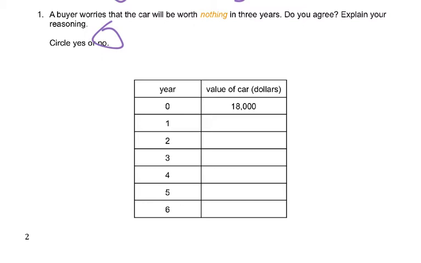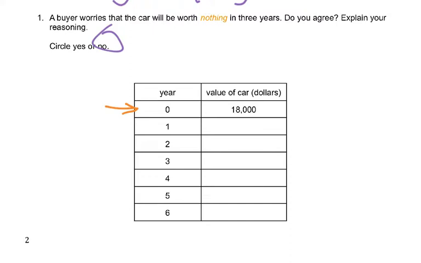Remember what I said. We started with $18,000. This is in year 0. This is when I bought the car. How much is remaining? 2/3. So we're going to take 18,000 and I'm going to multiply that by 2/3.